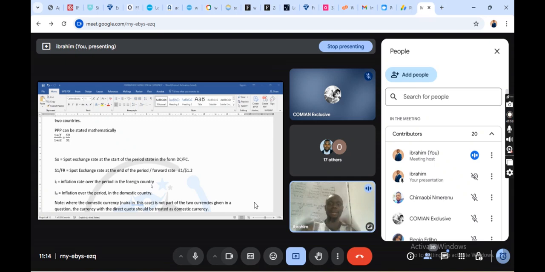It will not come like this, I'm trying to look at another explanation. But just know that when naira is not involved, which of these two will you choose as your domestic currency?